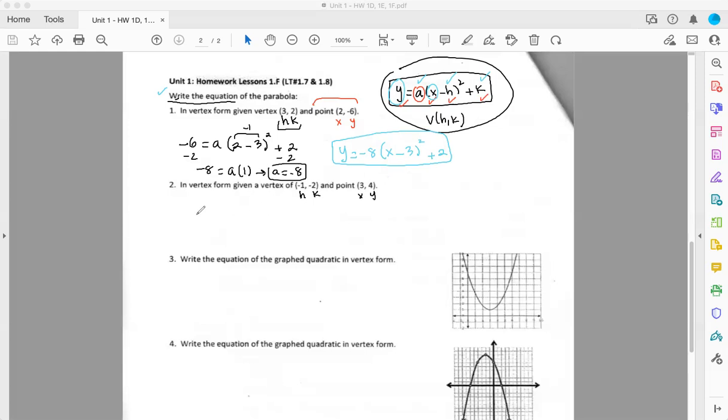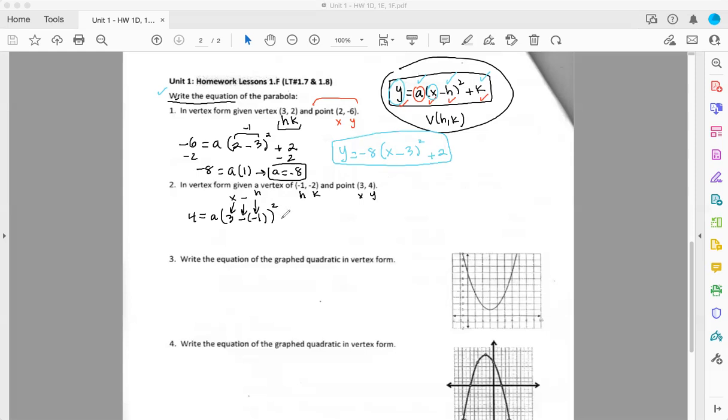So let's plug them in. y, what's the y value? 4 equals a, we don't know a, quantity, x, the x value is 3, minus h itself, which is -1. So just be careful. The formula has x minus h. This is x, the x value, this is the minus, and the h value itself is -1. So be careful, there's a negative and a negative, and we'll talk about it in a moment.